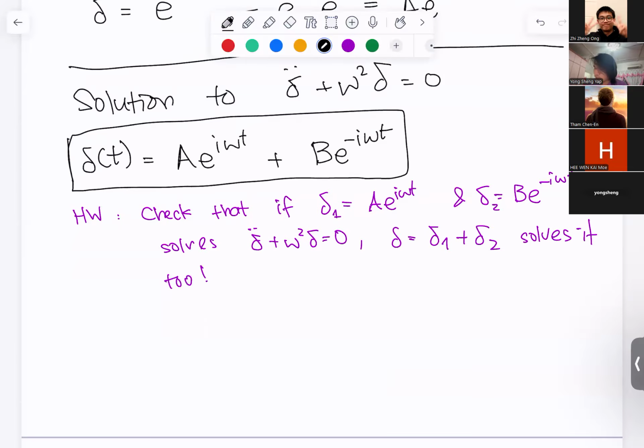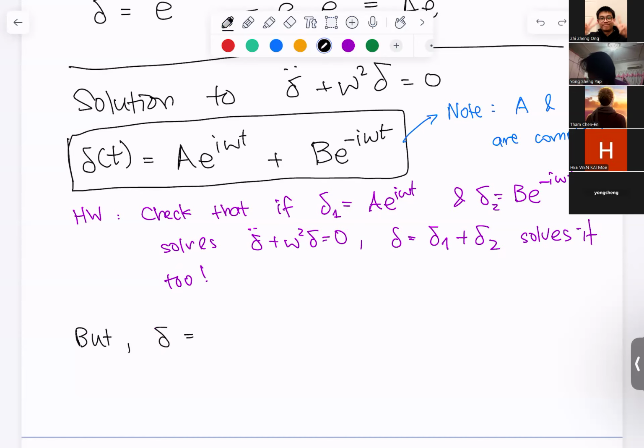The way to understand this is because remember these look like complex numbers, A and B. I should stress that A and B are complex numbers. But delta, remember, is some x.